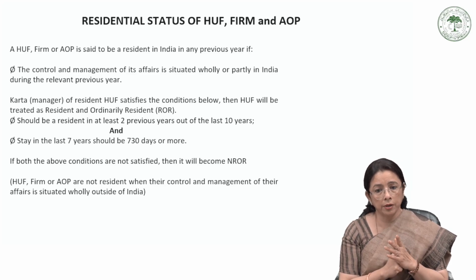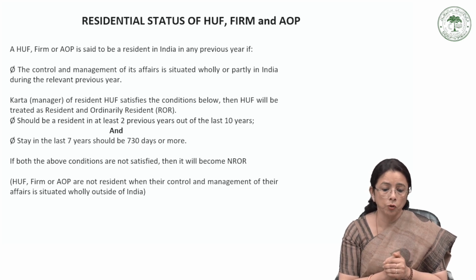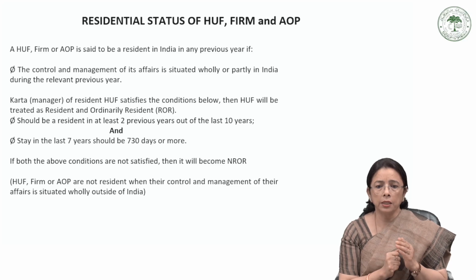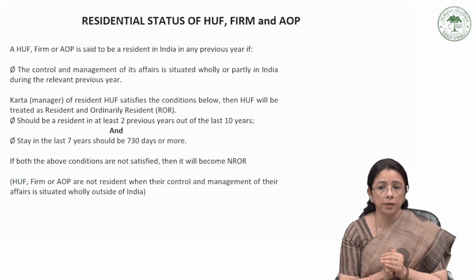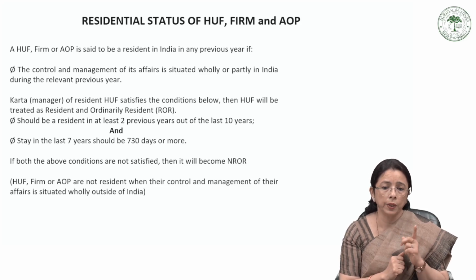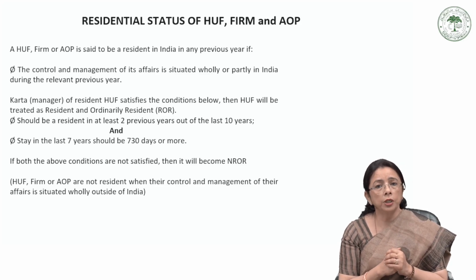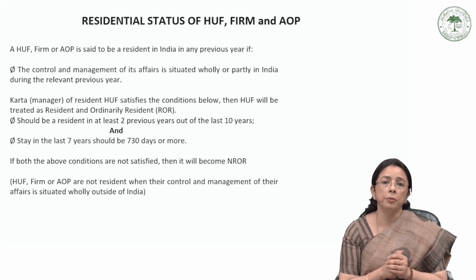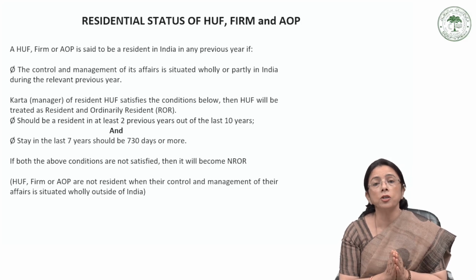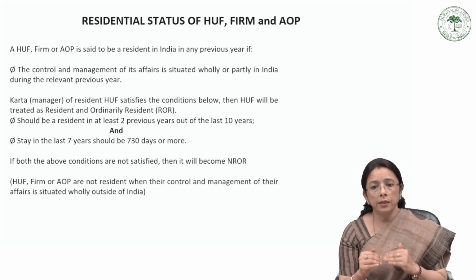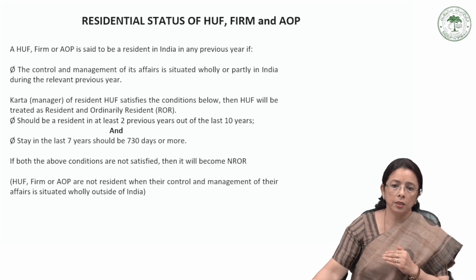Here he stayed for 600 days, which is less than 730 days. So he does not satisfy one condition; only one condition is satisfied. So the decision will be that though he is a resident, he is not ordinarily resident, and he will be treated this way.